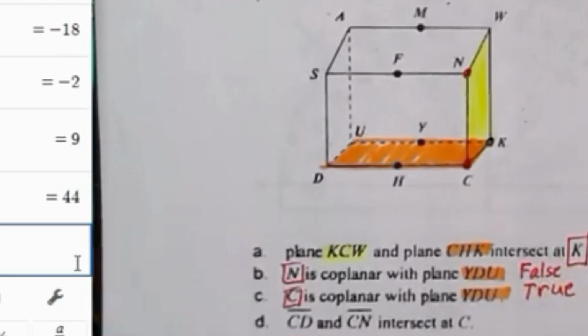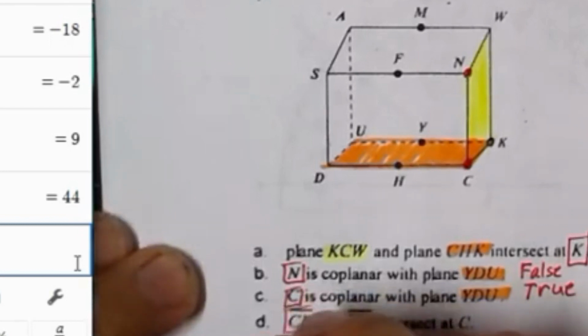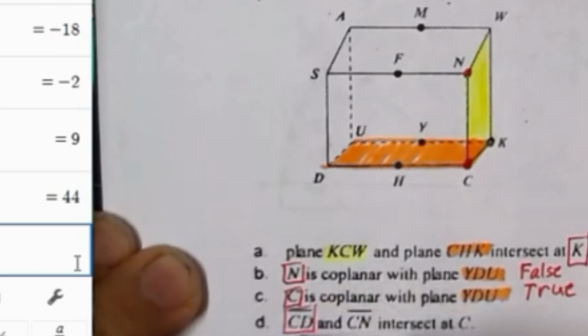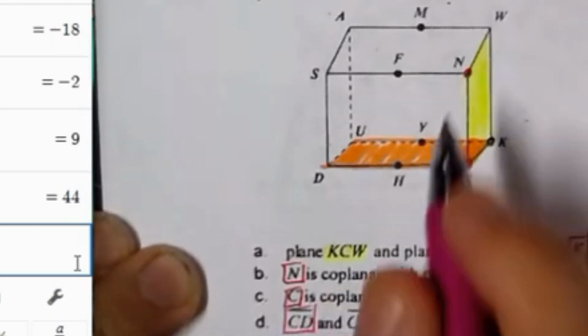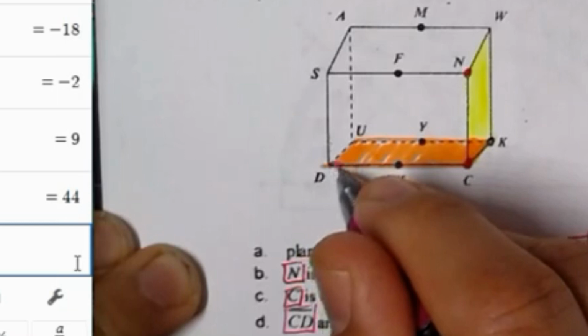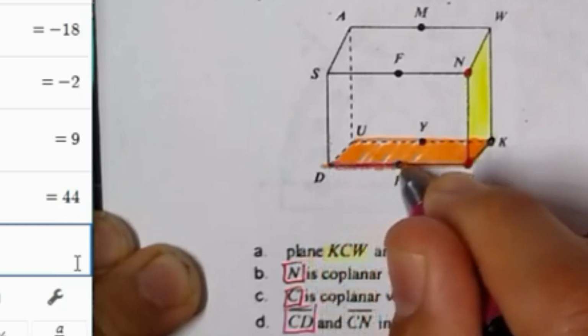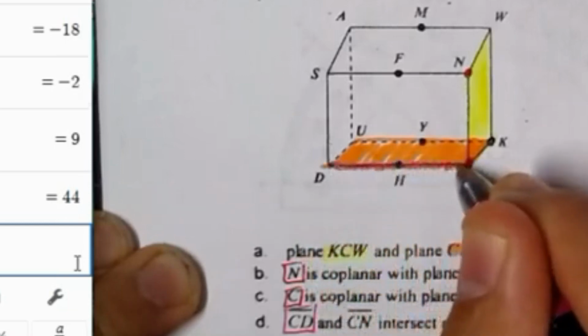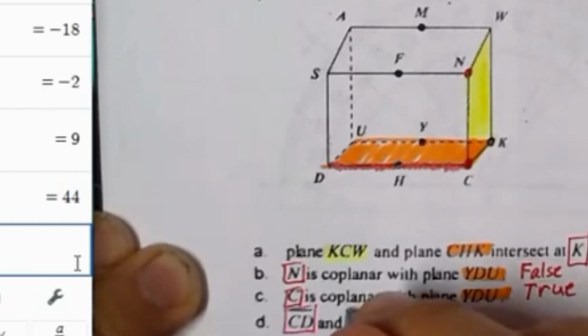Next, it says line segment CD and line segment CN intersect at C. Okay, well, let's see. So we have two different situations here. I'm going to go ahead and find CD and use my pink pen to highlight it. So here's CD. I'm just going to highlight it pink coming across. And then here's CN.